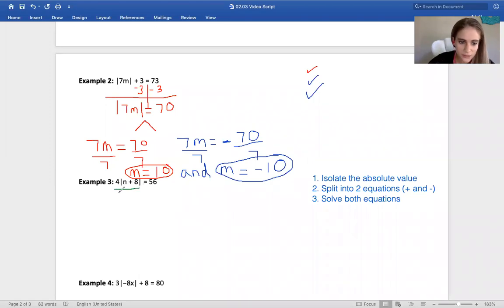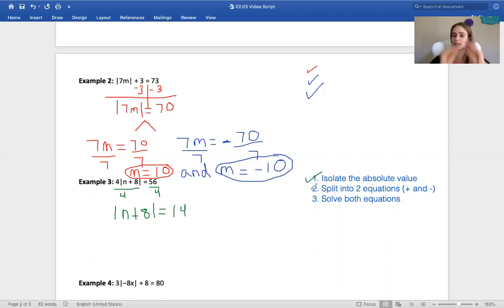So we need to divide both sides by 4 so we can isolate that absolute value. 4 divided by 4 is 1, which allows our absolute value to be isolated. And 56 divided by 4 is 14. All right, step number 1 is done.